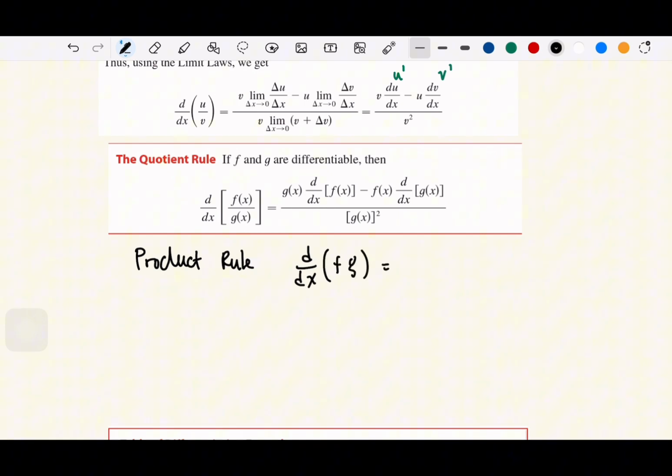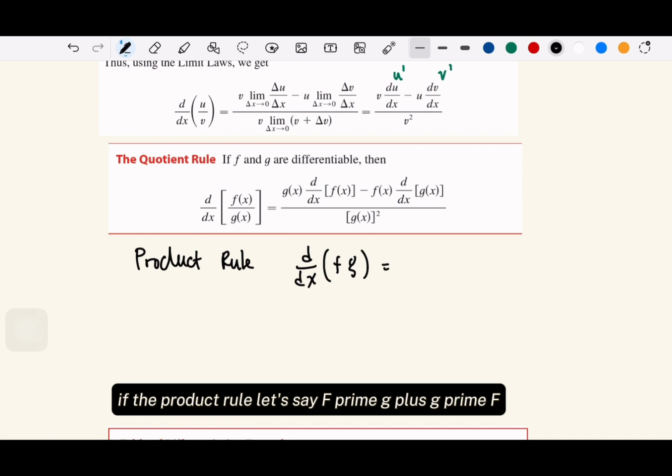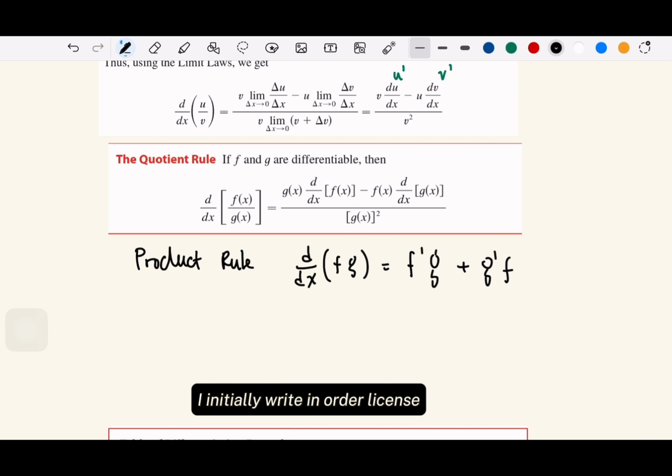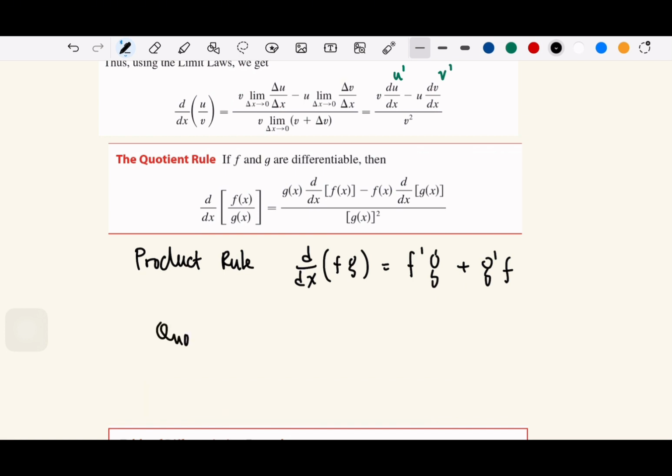For the product rule, let's say f prime g plus g prime f. I initially write in order like this, so that when you take the quotient rule, what you need to do is, let me write here.